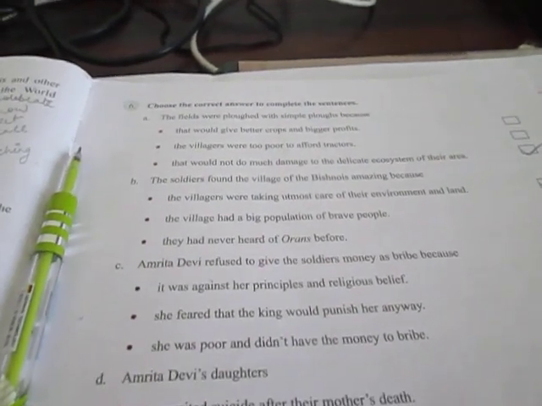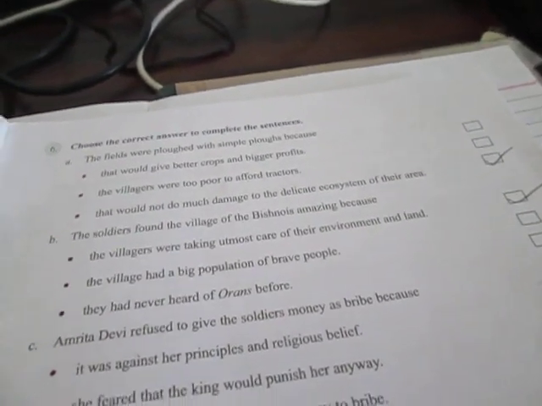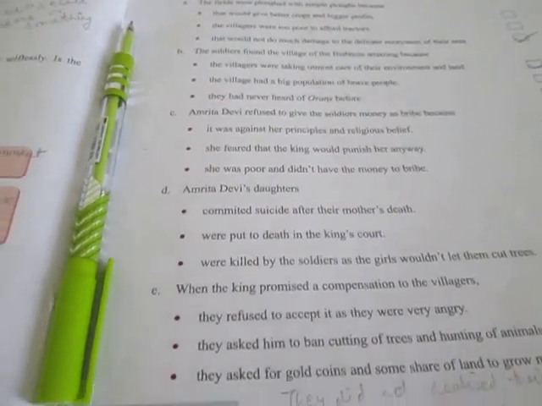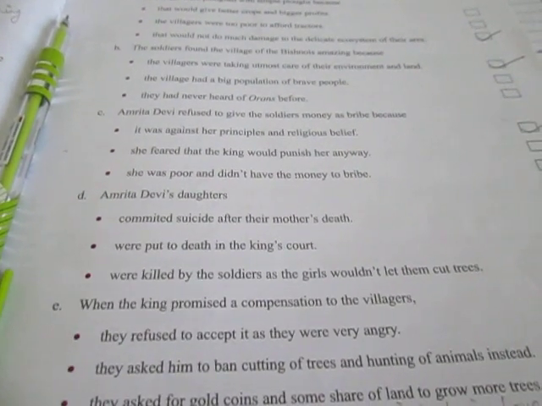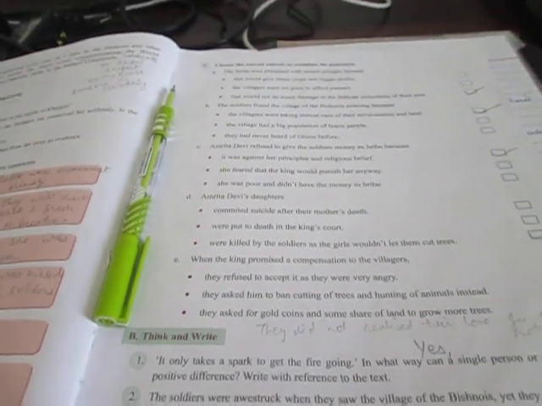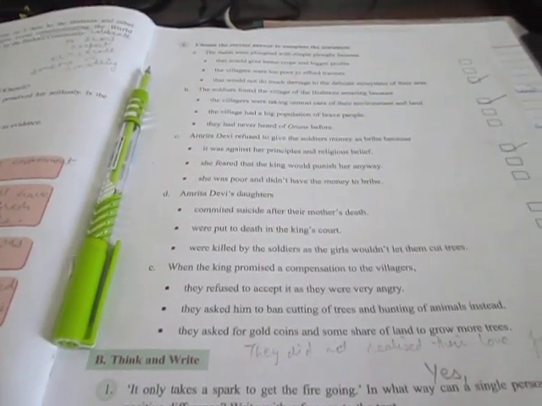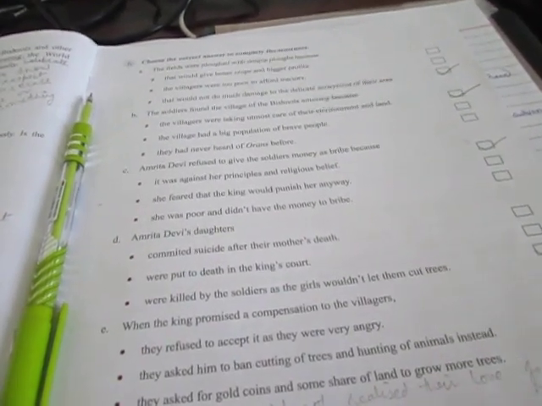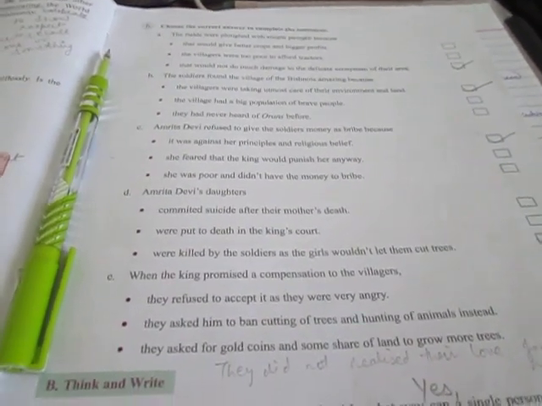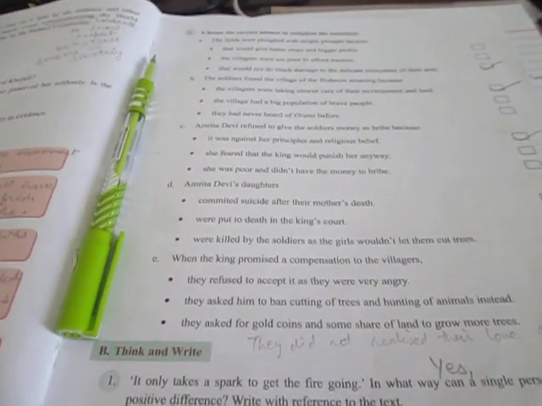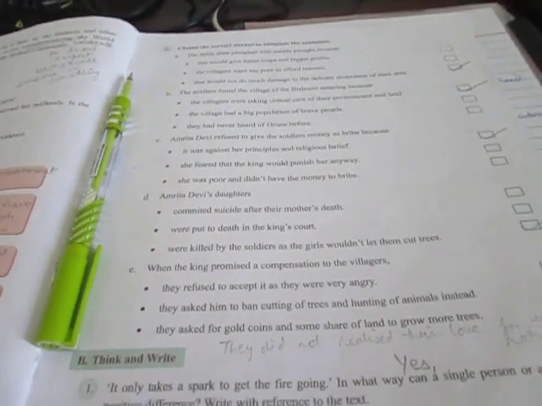Amrita Devi refused to give the soldiers the money because it was against her principles and religious belief. Now Amrita Devi's daughters were also killed by soldiers, right? We know the story. When the king promised compensation, the villagers asked him to ban cutting of trees and hunting of animals. You don't need to do parts 5 and 6 in your fair notebook.